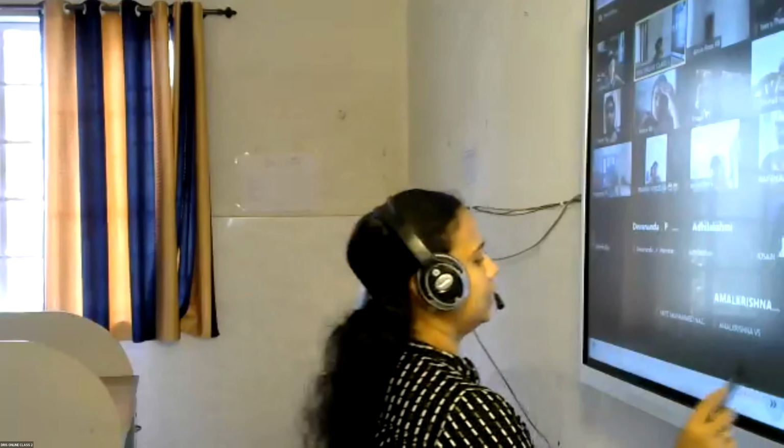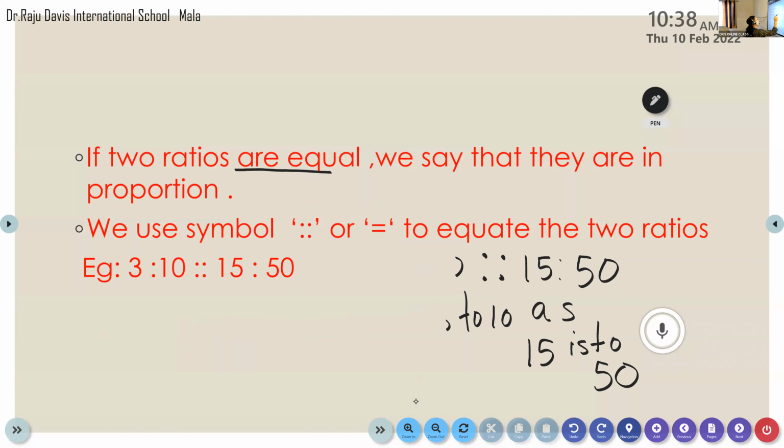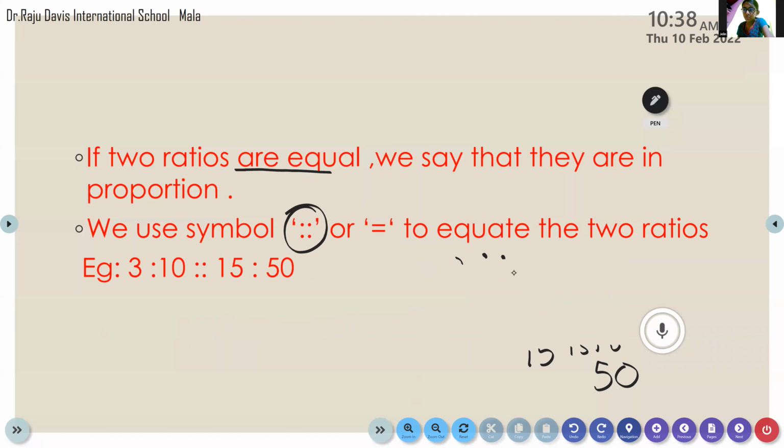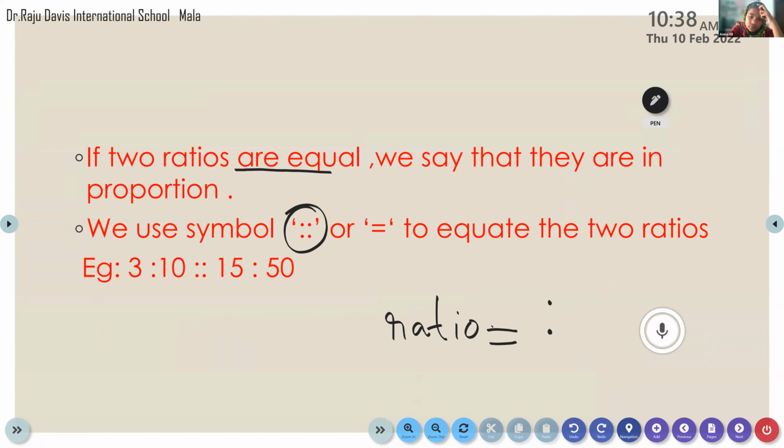Okay. Then children, we learned yesterday, so look here again. What is the symbol used to represent proportion? Two colons. And what is the symbol used to represent ratio? Ma'am, only this colon. Okay. So proportion can also be written by equating using the equal symbol.